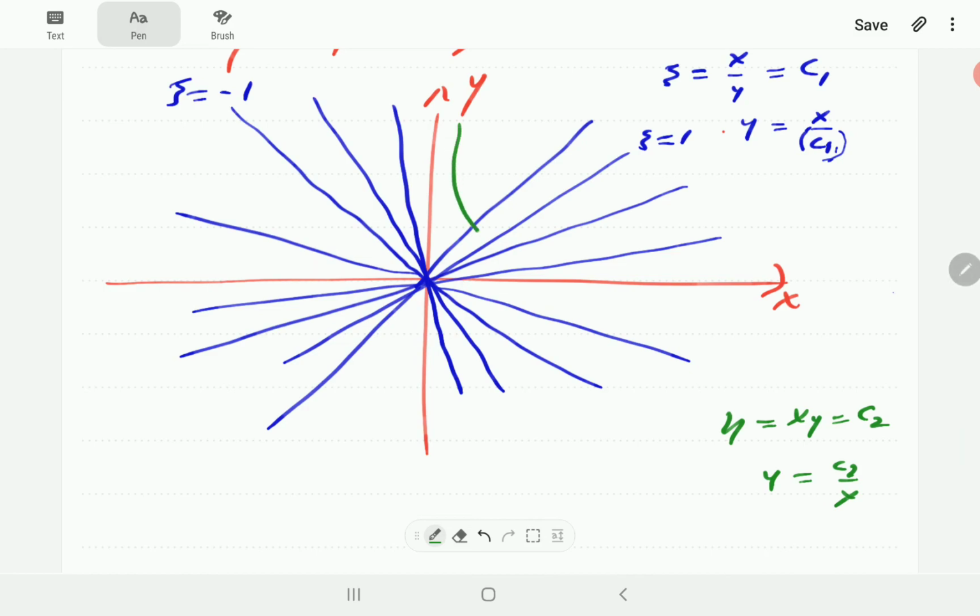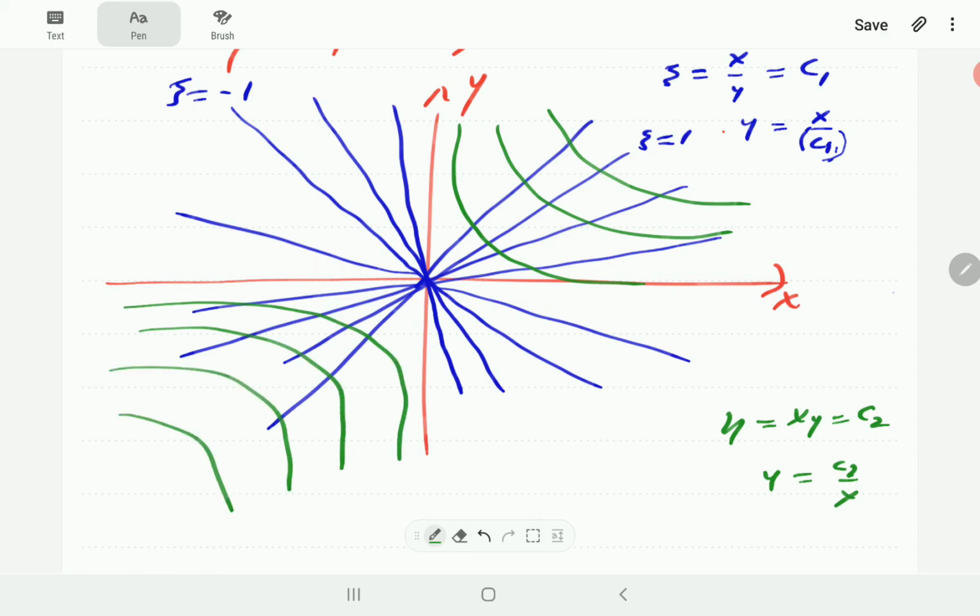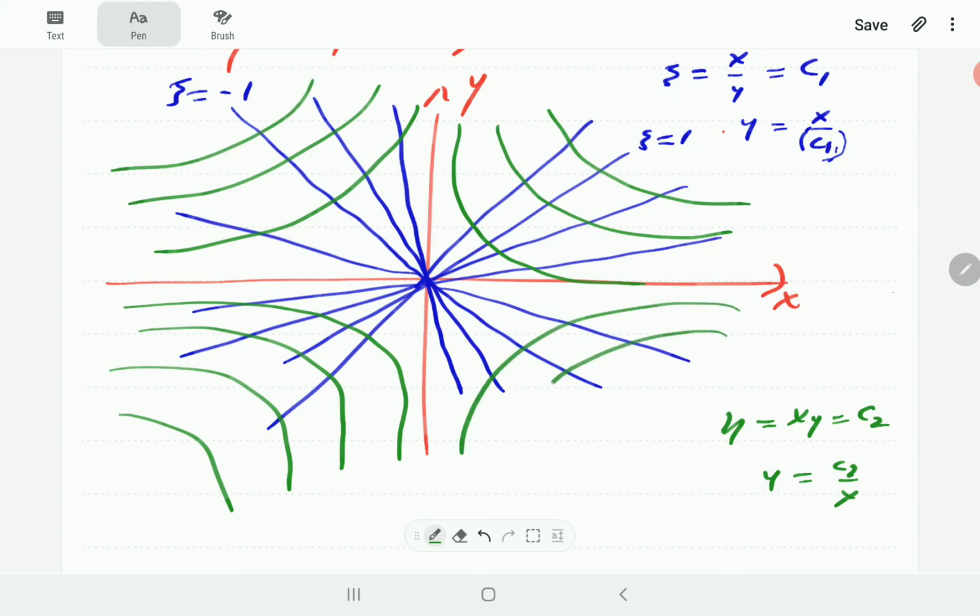These ones are going to go something like this. This is the case where c is positive, there in the first and third quadrants. If c is negative, they are in the second and fourth quadrants. So for instance here, eta equals 1, etc. So this is what your canonical coordinate system is going to look like.